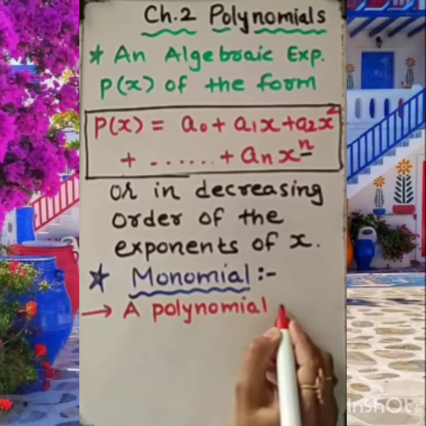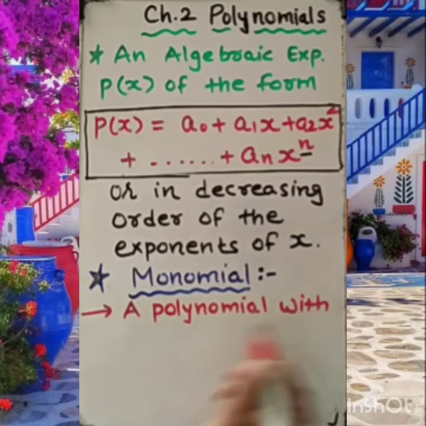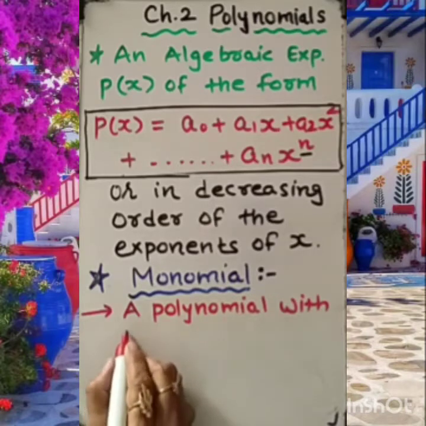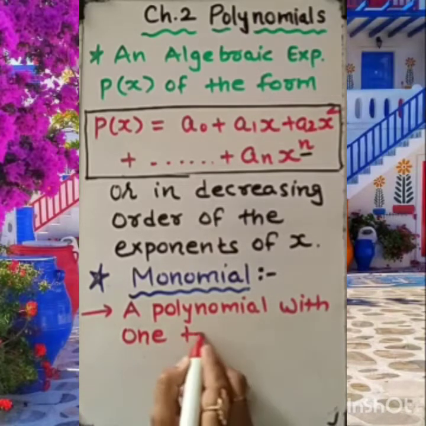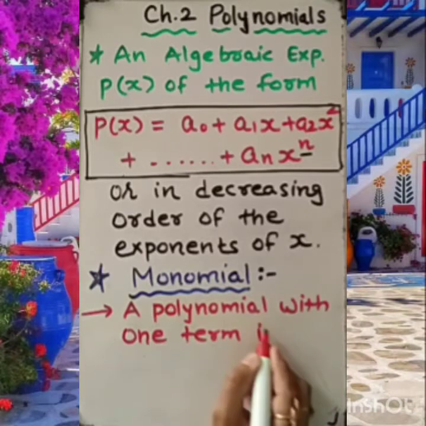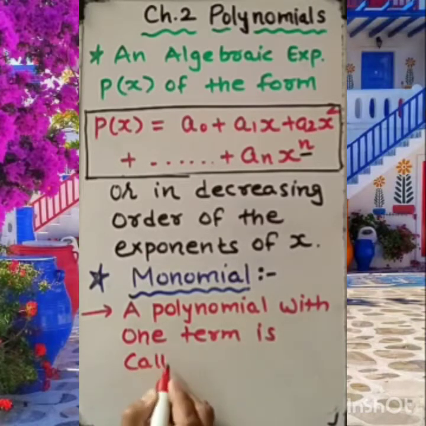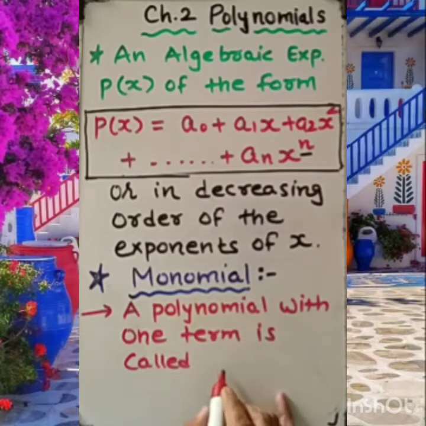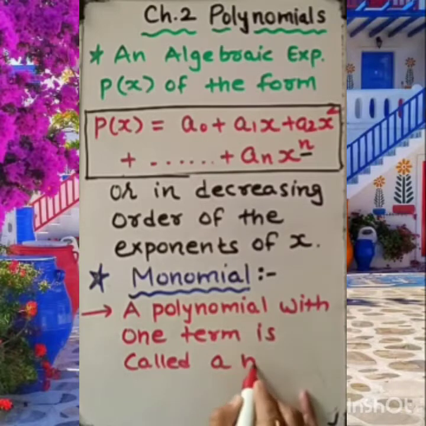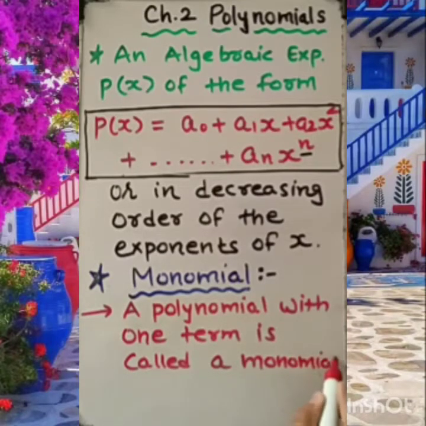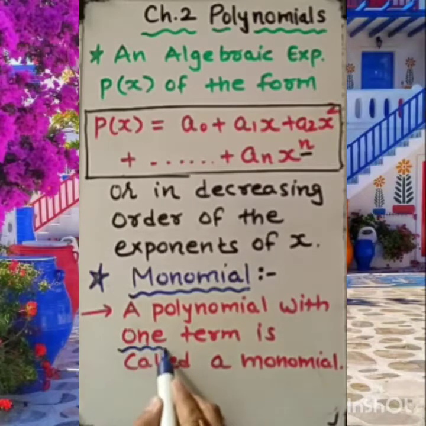A polynomial with one term is called a monomial. Very easy. If a polynomial has a single term, then it is a monomial.